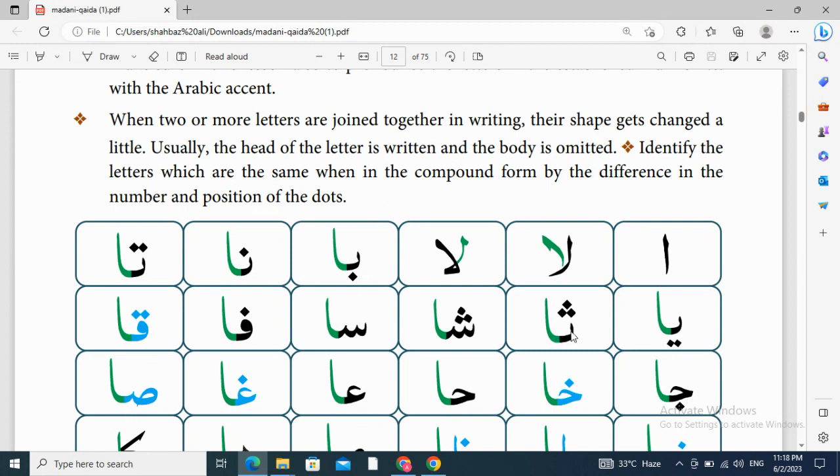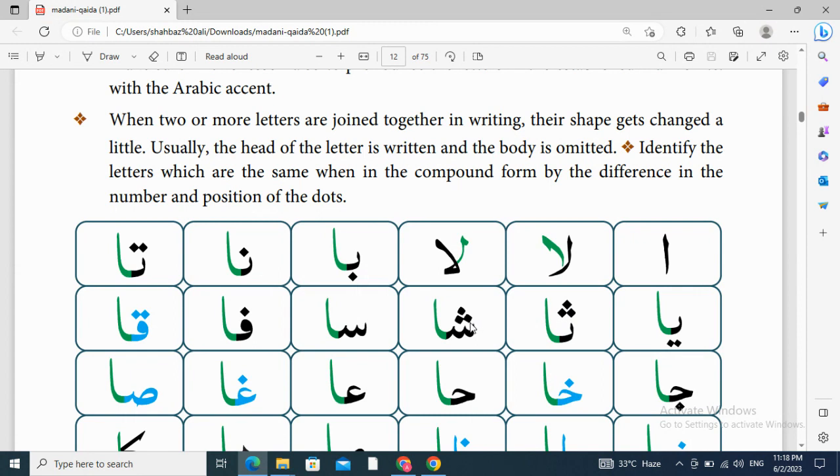I'm repeating: this letter is read as tha. Tha alif. This letter is tha because tha has three dots at the top.